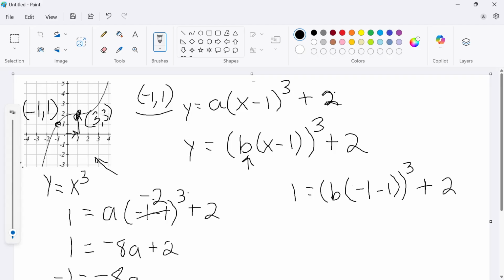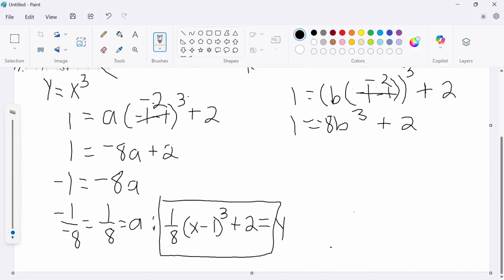All right, so plus 2. Negative 1 minus 1 is negative 2. So 1 equals b cubed times negative 2 cubed, which is negative 8. So that's negative 8b cubed plus 2. I will subtract 2 from both sides. Negative 1 equals negative 8b cubed.